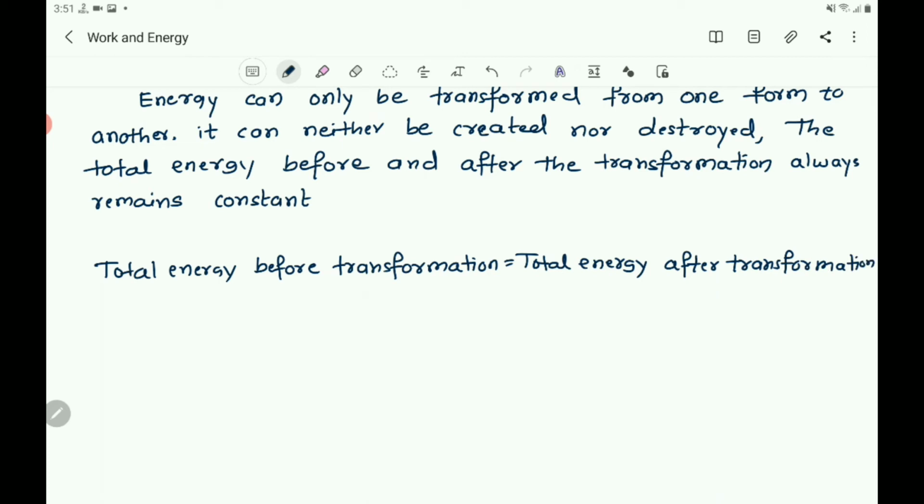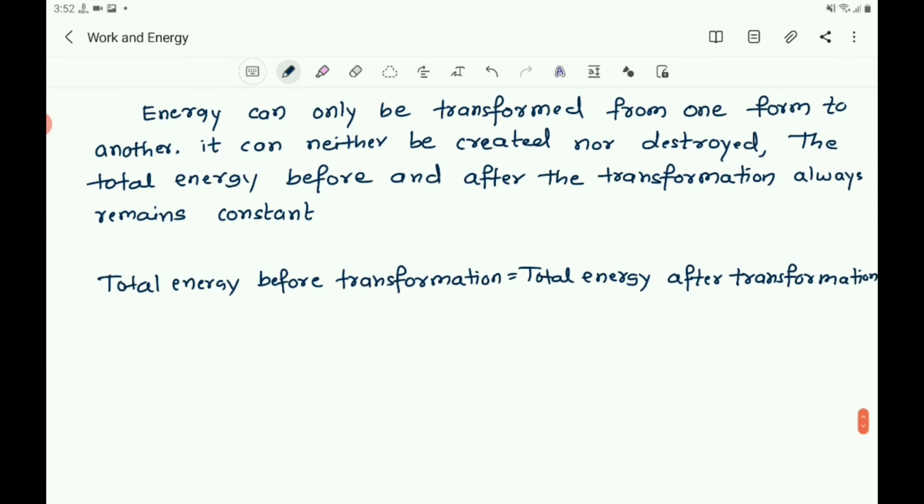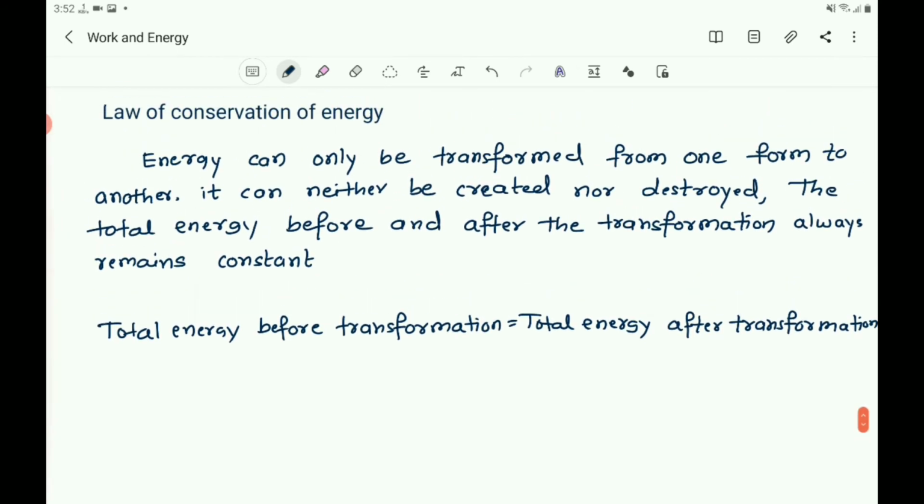The total energy before the conversion equals total energy after the conversion. The law of conservation of energy is valid in all situations and for all kinds of transformation. So that is about the law of conservation of energy.